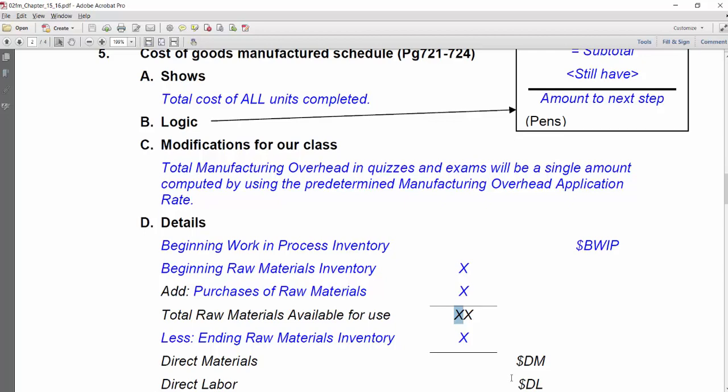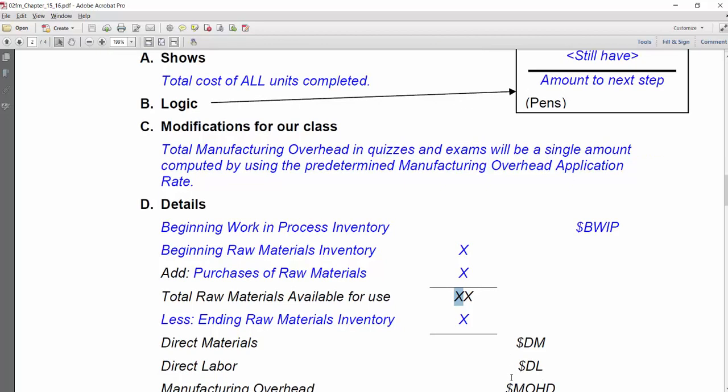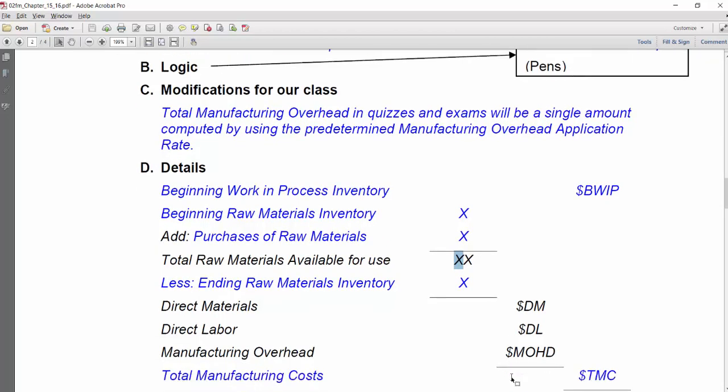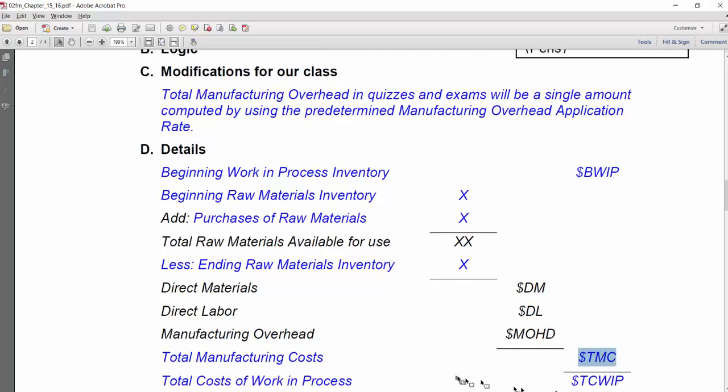Add direct labor that you've captured on your employee time cards and kept track of, and add manufacturing overhead that I will show you how to compute, and you'll get total manufacturing costs. Now take beginning work in process inventory plus total manufacturing costs, and you get total cost of work in process.